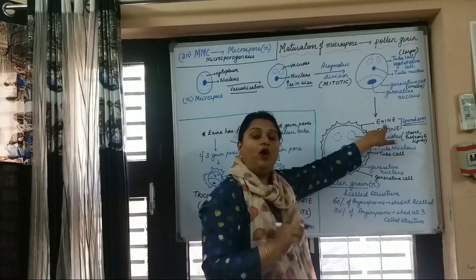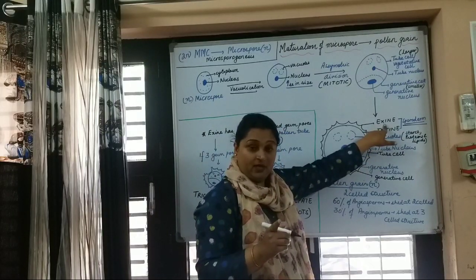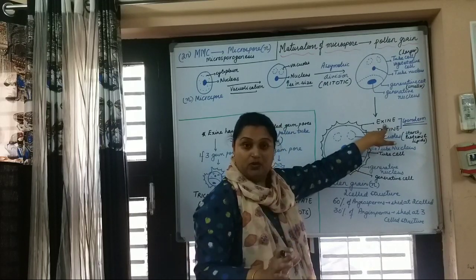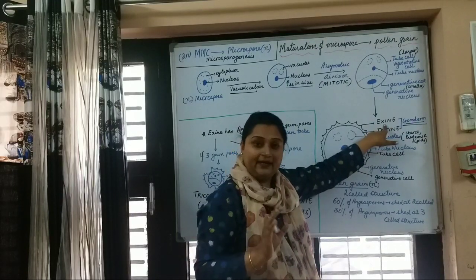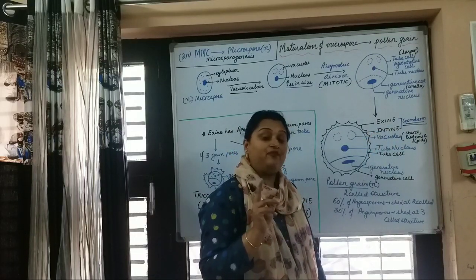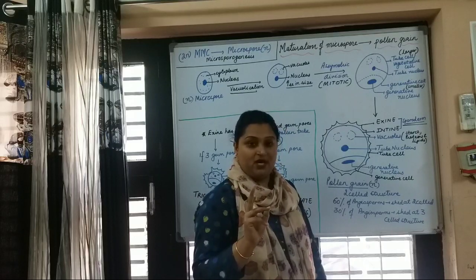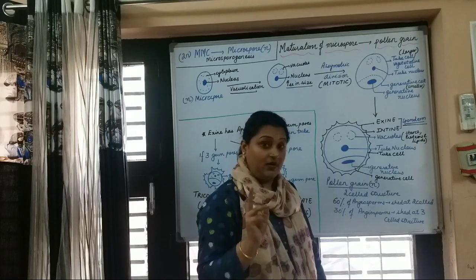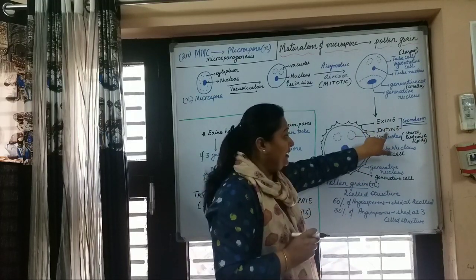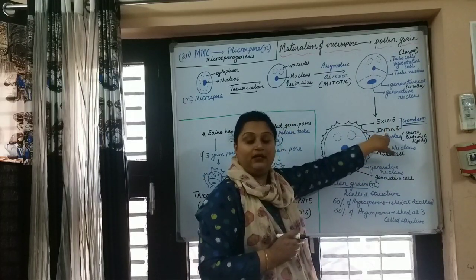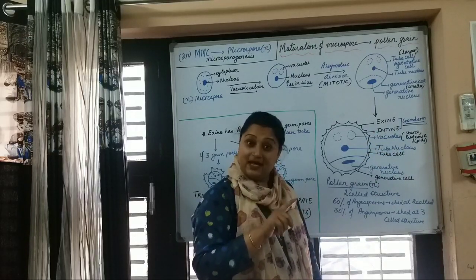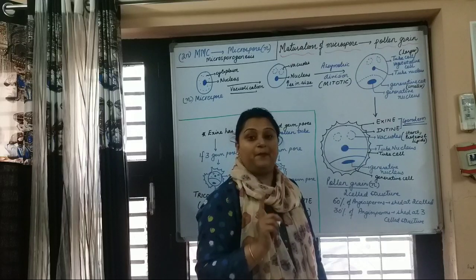Exine is made up of sporopollenin, the most resistant substance in the world, which means no chemical can degrade it. We all know that sporopollenin was made from the Ubisch granules, which were made by the tapetum layer. Intine is made up of two things: cellulose and pectin.